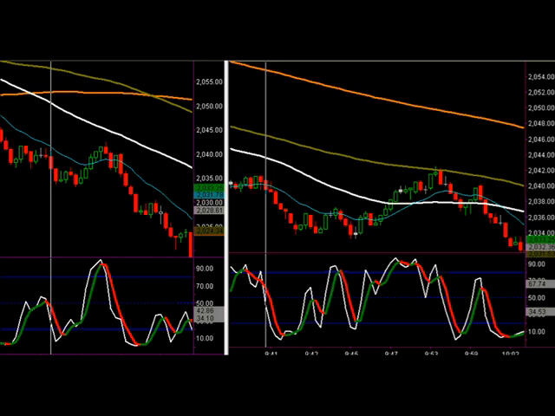So the next rule for a trailing stop that we could use is when structure is broken. Again, we're looking at higher highs, higher lows, that sort of thing.